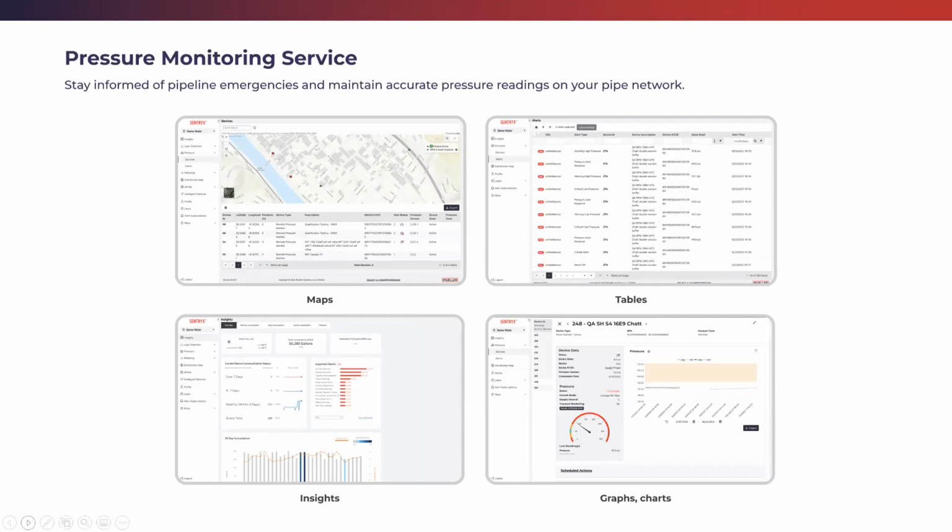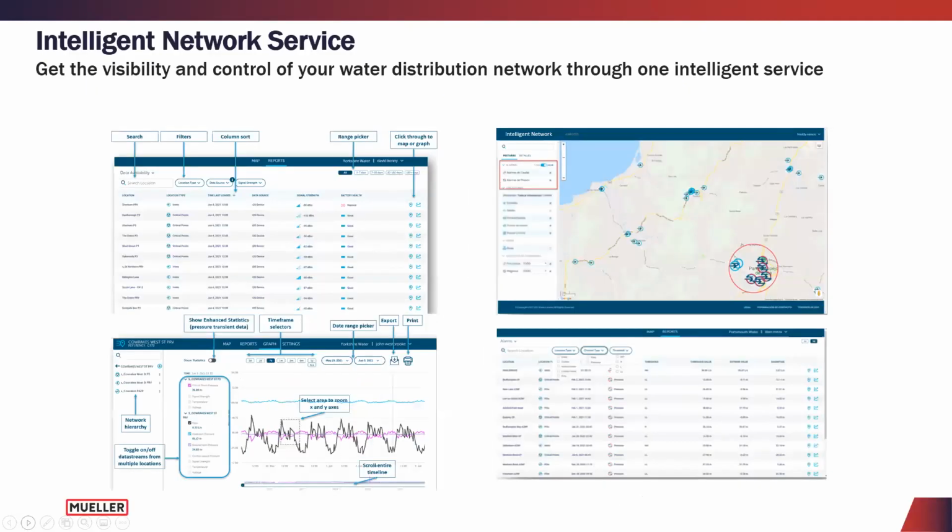You'll already have the gist of how to navigate through the system and get to where you need to go. And lastly, the intelligent network service, also with an enhanced set of analysis tools to give you the power and insight into your water networks.